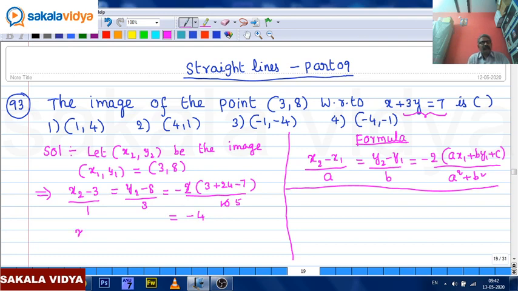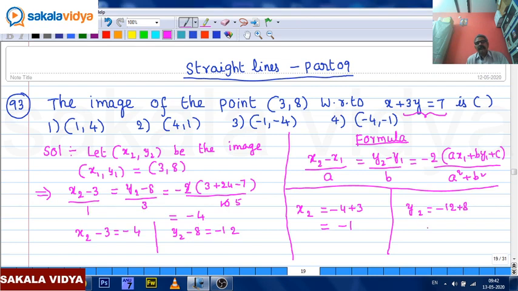We get x2 minus 3 equals minus 4 and y2 minus 8 equals minus 12. So, we need to solve these two equations. x2 is equal to minus 4 plus 3, so minus 1, y2 equals minus 12 plus 8, that will be minus 4.